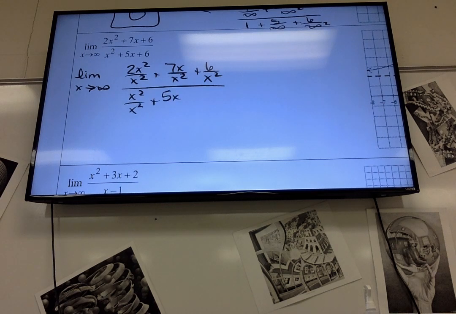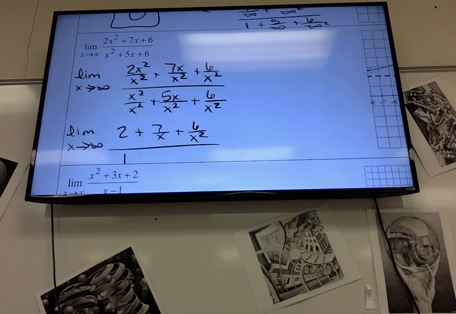Can we get rid of the 6 over x squared? Maybe. So simplifying this, that becomes 2 plus 7 over x plus 6 over x squared, over 1 plus 5 over x plus 6 over x squared.